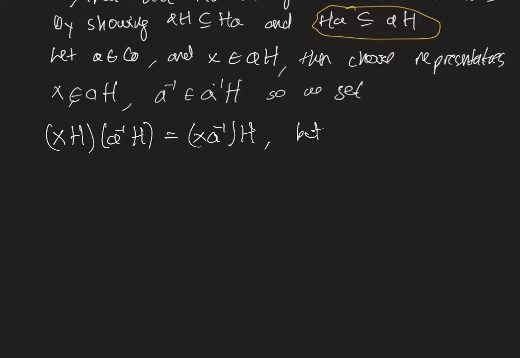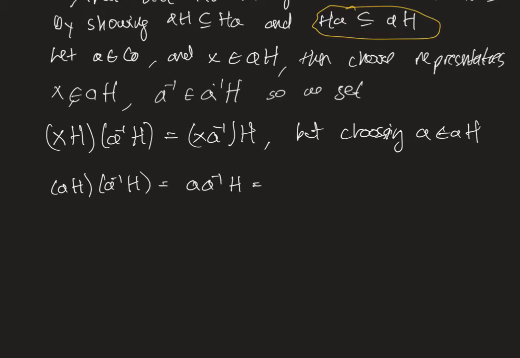But choosing representatives a in aH as a representative gives us that aH times a inverse H is equal to a inverse a H, which is, of course, eH, and eH is just H. So, since x and a are in the same coset, these sets are equal.